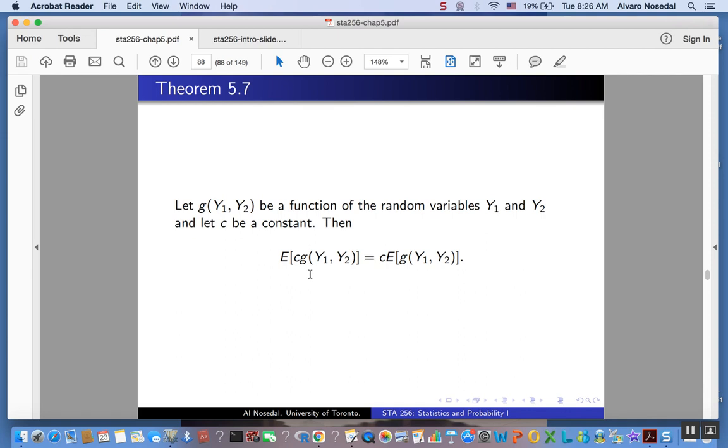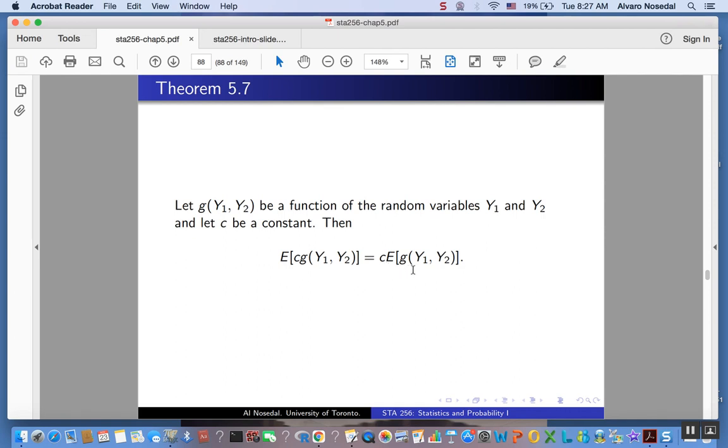There's one. Again, now you have a constant times a function g, and we know that you could factor out that constant. The expected value of a constant times a transformation g is c times the expected value of g.